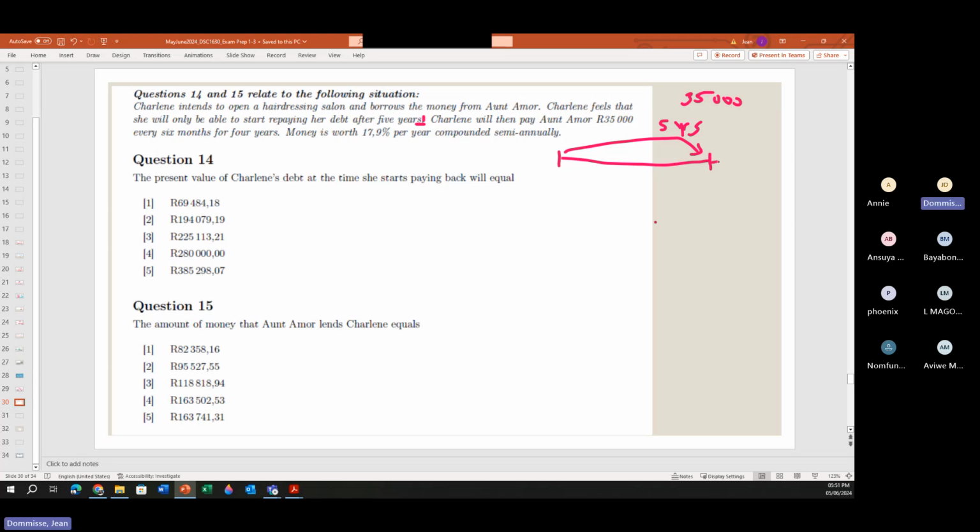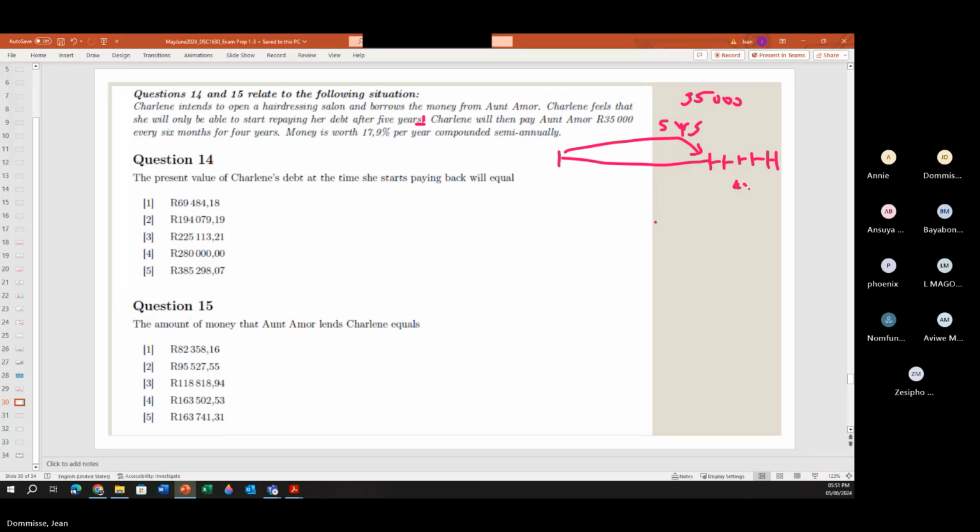Okay, so then she will basically pay a type of annuity for 4 years, but every 6 months for 4 years, she will pay that 35,000.